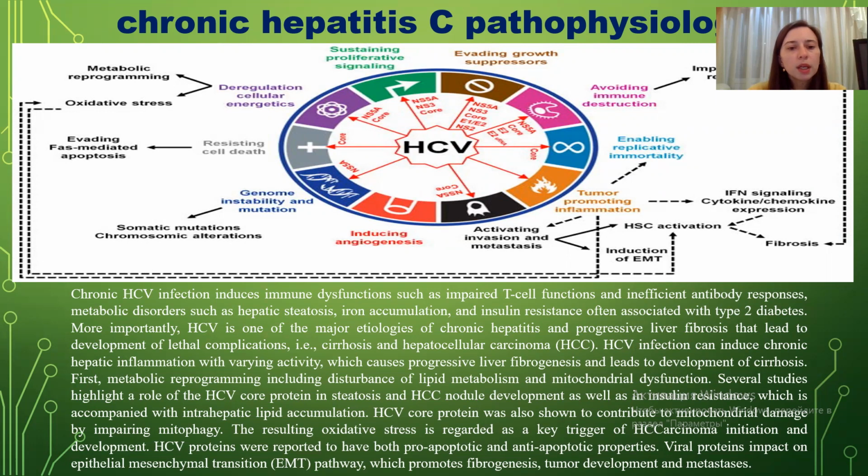More importantly, HCV is one of the major etiologies of chronic hepatitis and progressive liver fibrosis that lead to the development of lethal complications, cirrhosis and hepatocellular carcinoma. HCV infection can induce chronic hepatic inflammation with varying activity, which causes progressive liver fibrogenesis and leads to the development of cirrhosis.